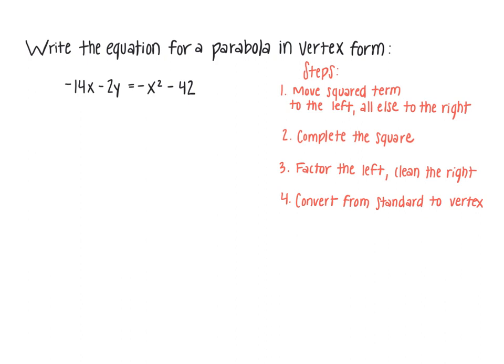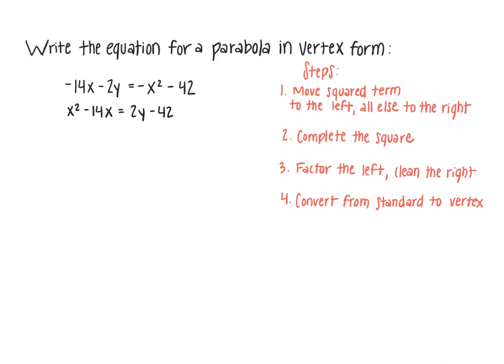So again, we're going to start by moving our squared term to the left and everything else to the right. Since x is squared, I'm going to move all of my x's to the left, and I'm going to move my y term to the right. So I have x squared minus 14x is equal to 2y minus 42.